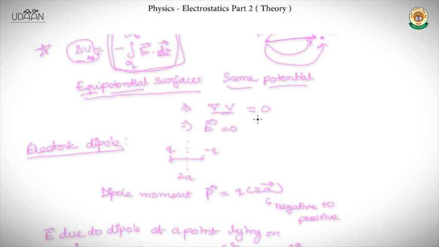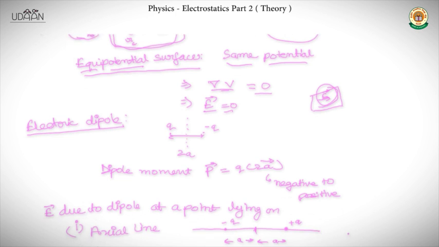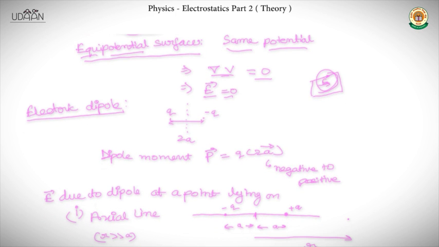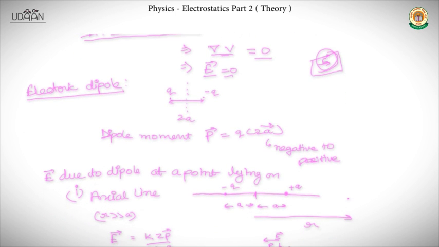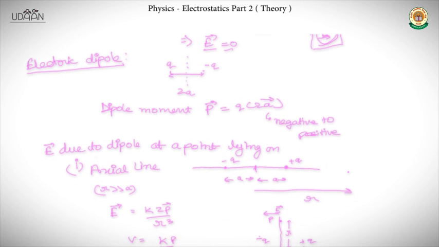So gradient V is equal to 0, which means E bar is equal to 0. So there will be no electric field on an equipotential surface. Electric field will be zero at all points on the surface.